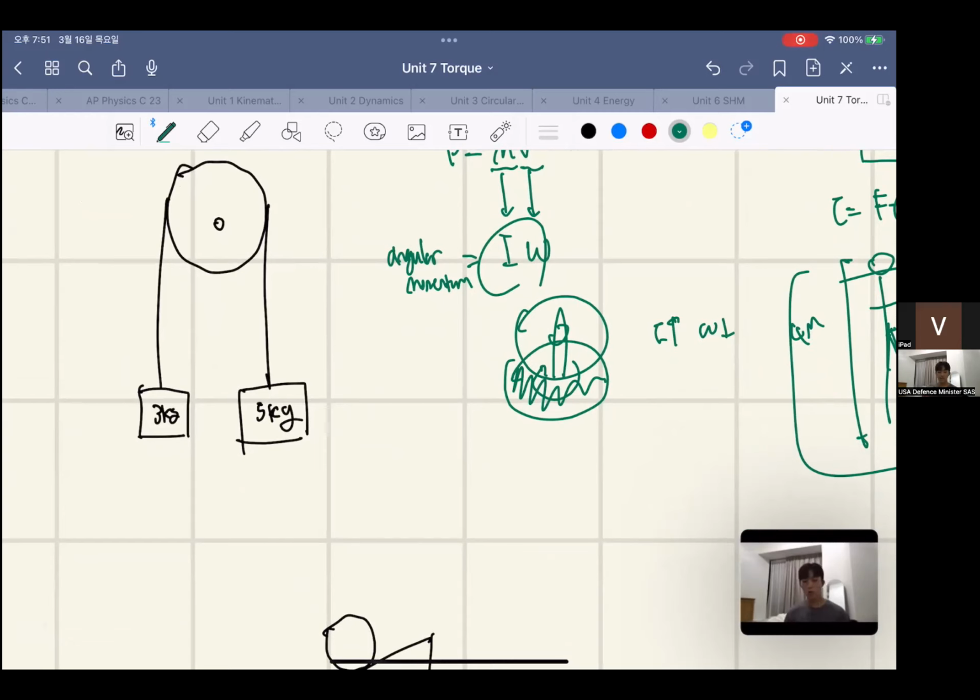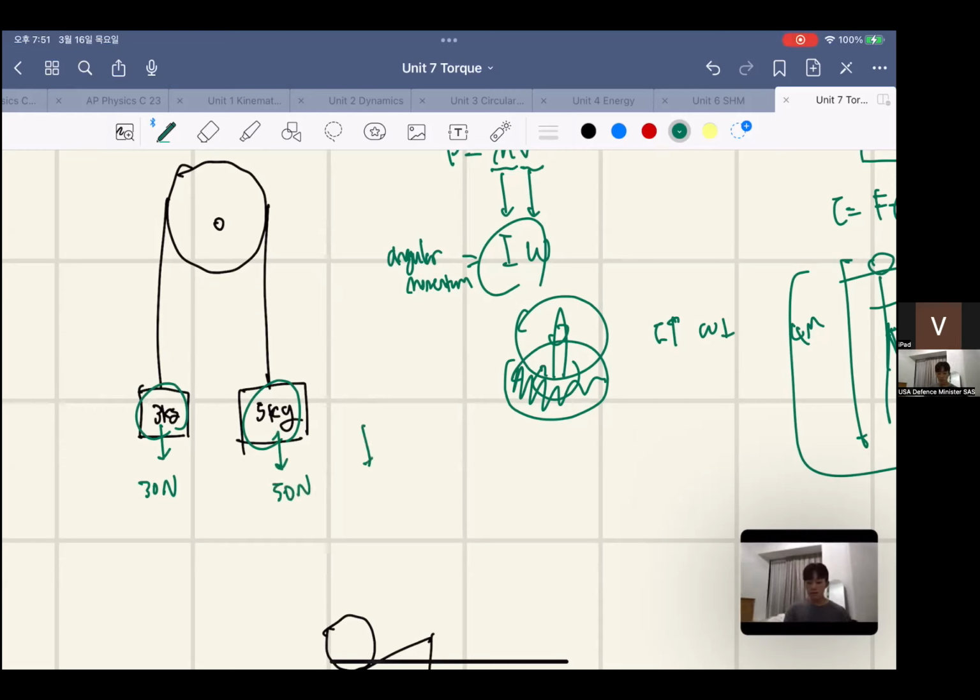One question type is a gigantic pulley, a huge pulley, a pulley that actually has volume and actually rotates. Now let's think of it this way. If you have two weights on each end of the pulley, what would be the net force? First, you can see one gravitational force pulling 30 newtons down on the left side, and the other weight pulls 50 newtons down on the right side.